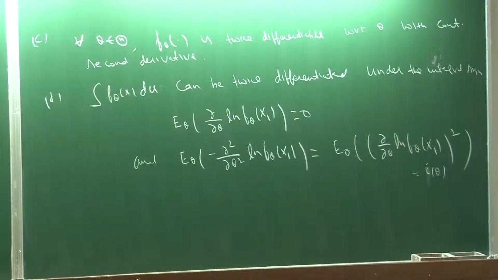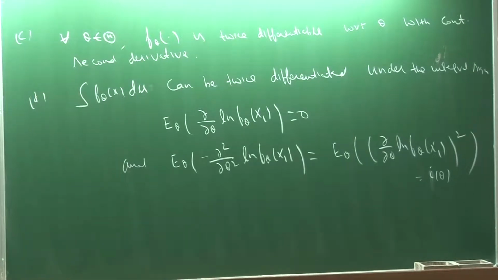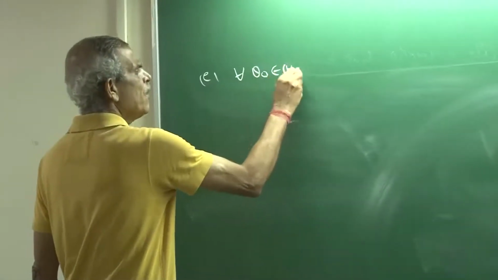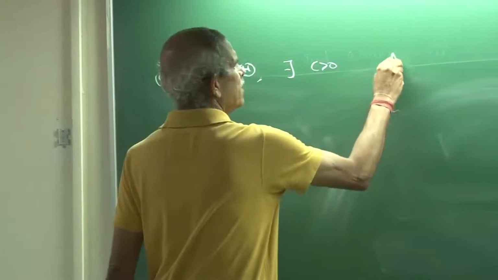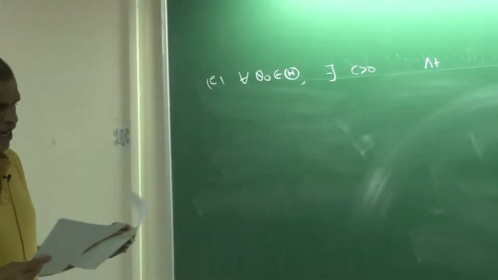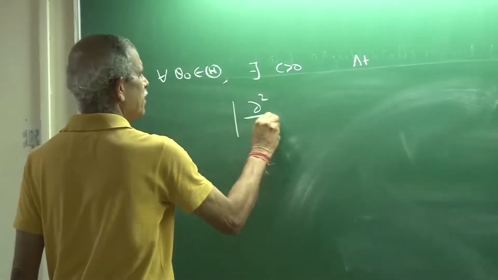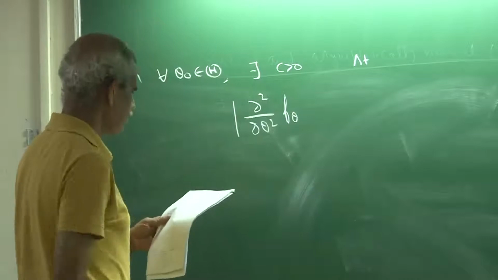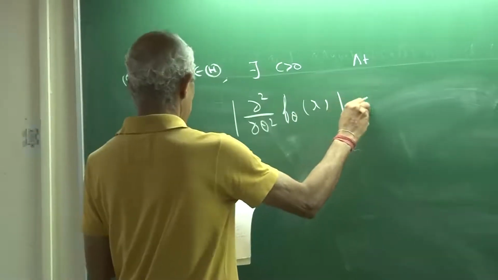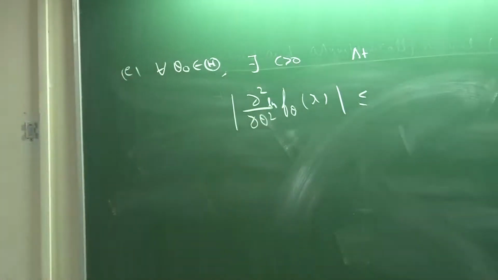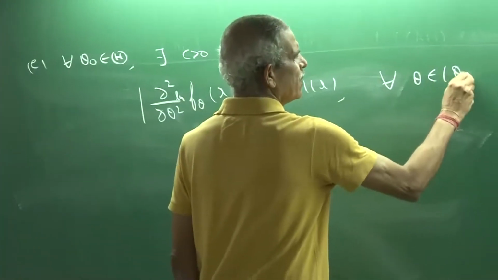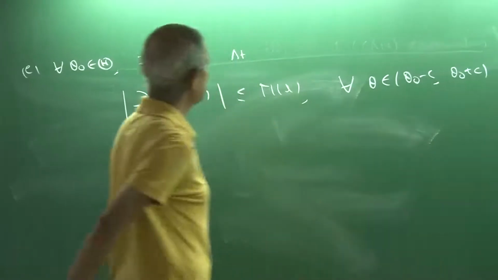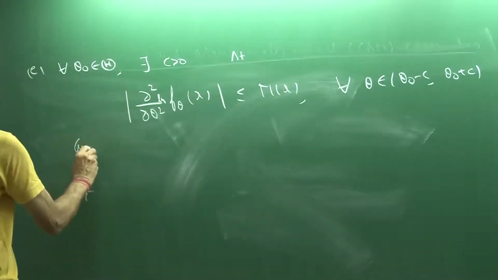Then I assume that the second derivative is bounded. So I'm saying that for every parametric point theta naught, I can find a neighborhood around theta naught, that is, there is a c greater than 0, such that the second partial derivative of log of f theta x is always bounded uniformly by m of x for every theta in the neighborhood of theta naught, where this m of x is integrable.